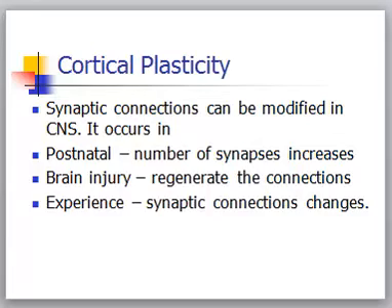Postnatal means after birth. Postnatal modifications of neuronal connectivity occur as a result of interaction with the environment. Environmental effects affect development and alteration of many neural connections. The number of synapses increases during development until a maximum level is gradually reached in early adulthood.